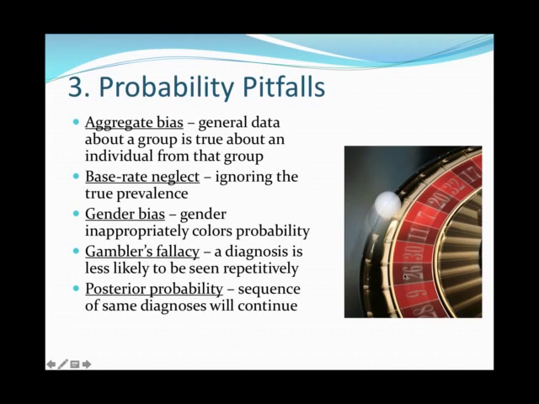Some people will say, oh, if the ball has landed on red 5 times in a row, the next time it's gotta be black, because what's the likelihood of it being 6 reds in a row? And this is actually an error, because if you look at it from the beginning and say, what's the likelihood it will land on red 6 times? That's a correct way of thinking. It's very rare. But every time, it's new odds.